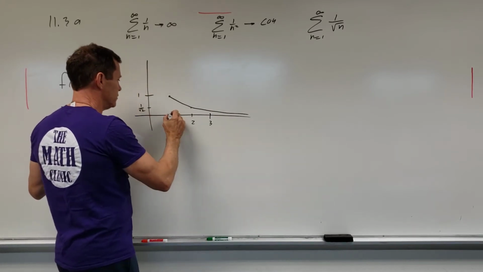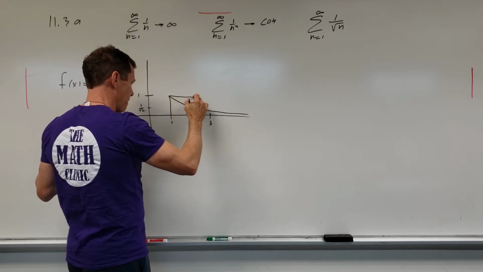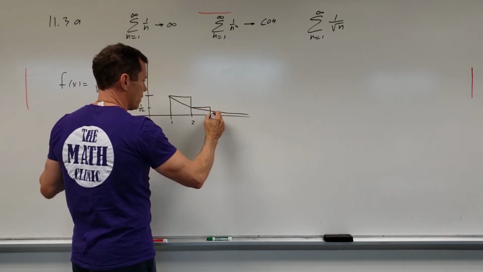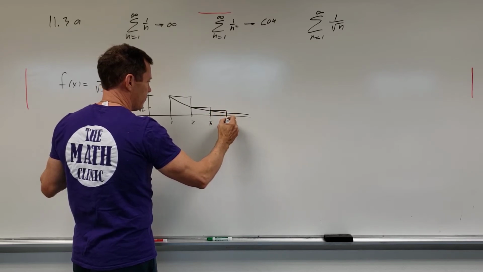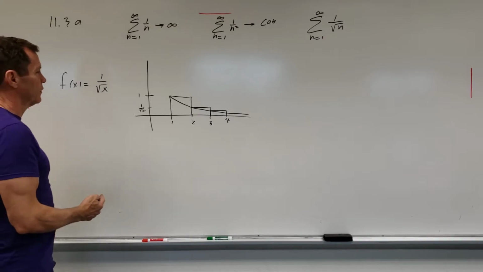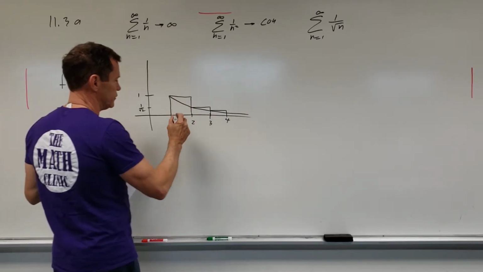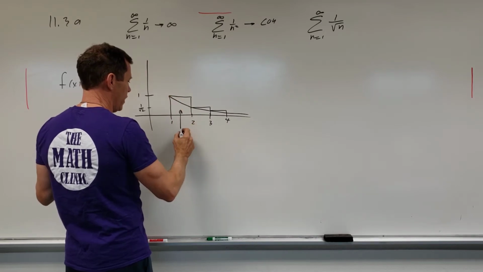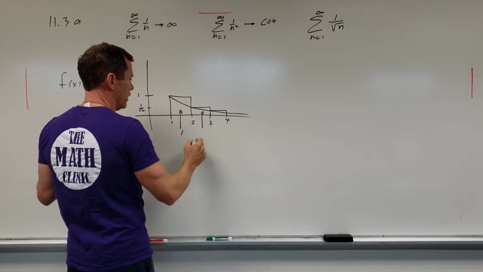Now let's look at the boxes this way. Now who's going to be bigger? Let's make sure that these are the sums. How big is that guy? There's 1 high and 1 wide, so it's going to be 1. How big is this guy?